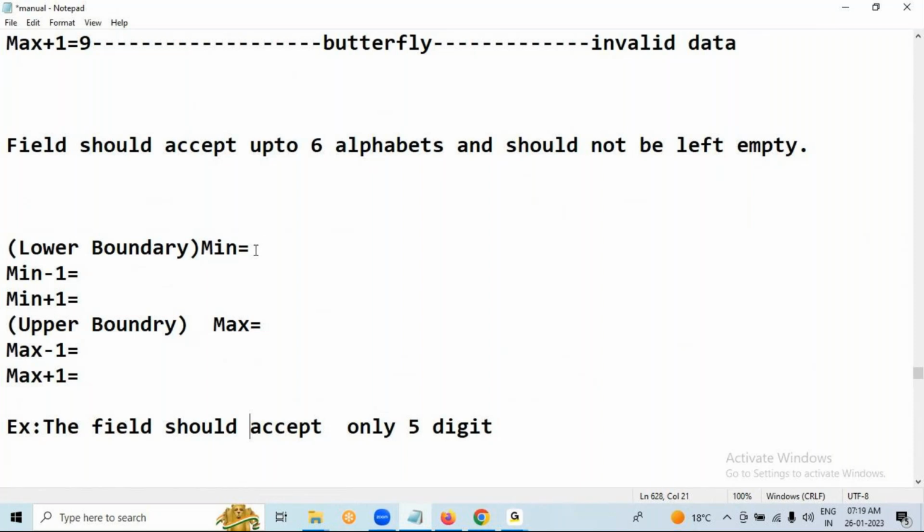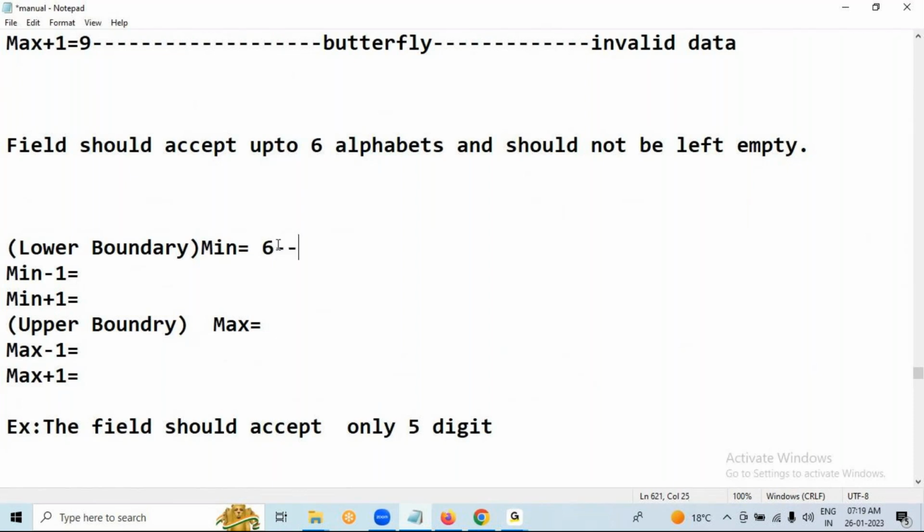But for this, it is written it should accept up to 6 alphabets. Yes, 6 alphabets. This will be valid. You need to put an alphabet name.